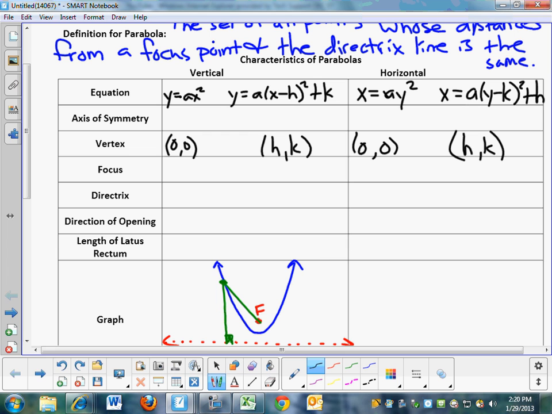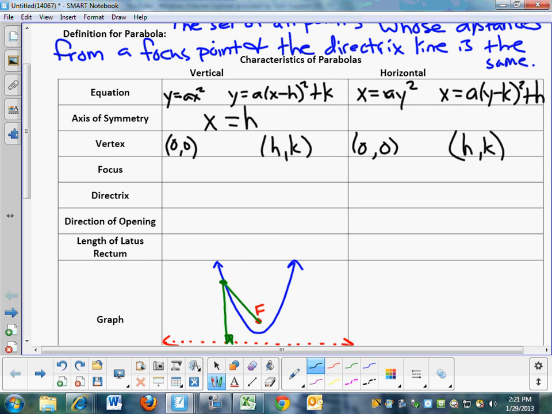If it's a vertical parabola, will the axis of symmetry run up and down or left to right? Up and down. So it's a vertical line, an x equals line. It passes through the x value of the vertex. What's the x value of the vertex? Yeah, 0, or in this case, if we transform, h. You guys got the idea now.